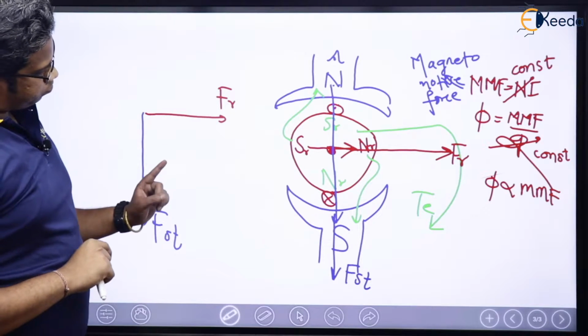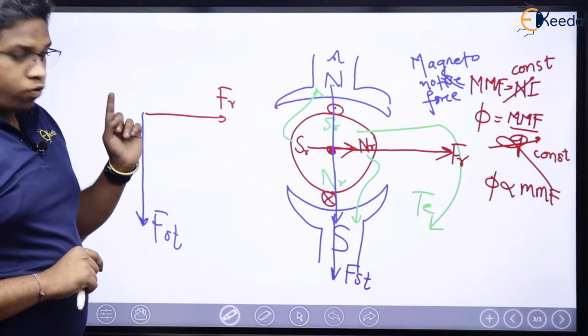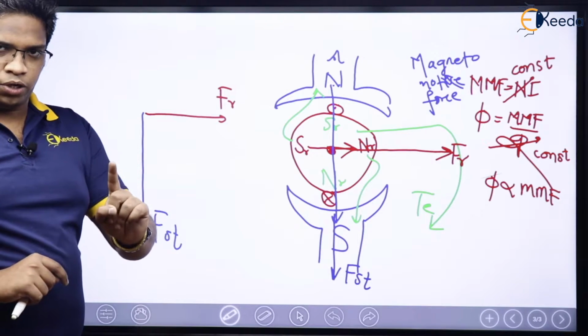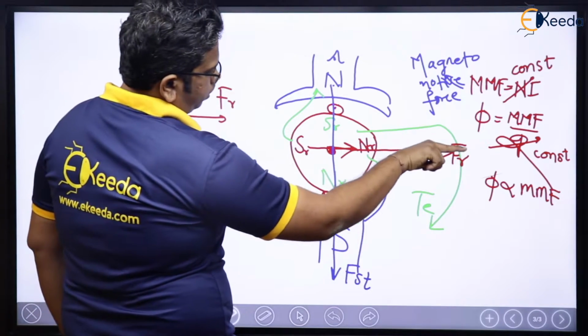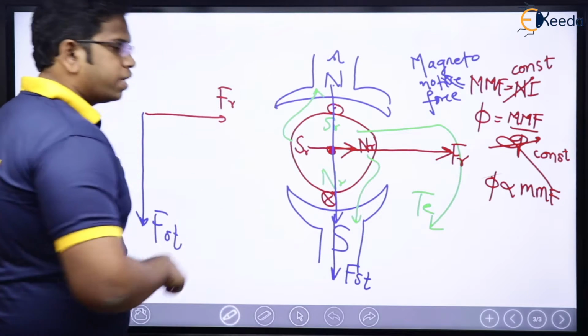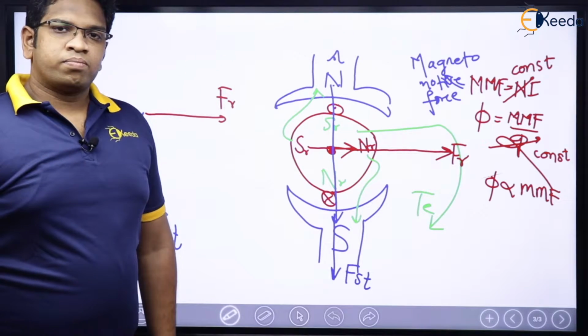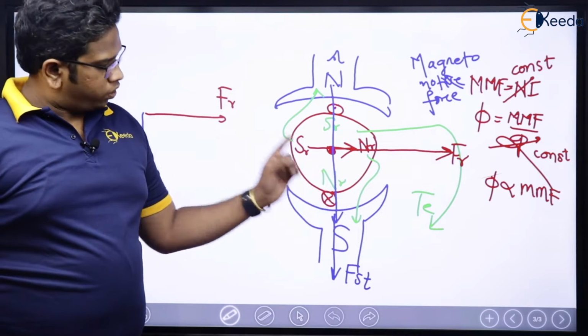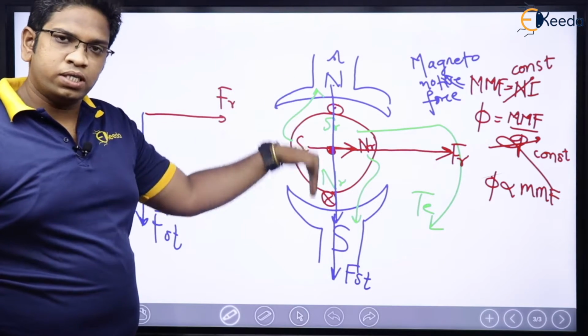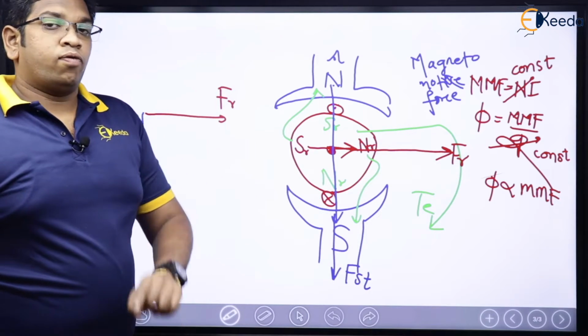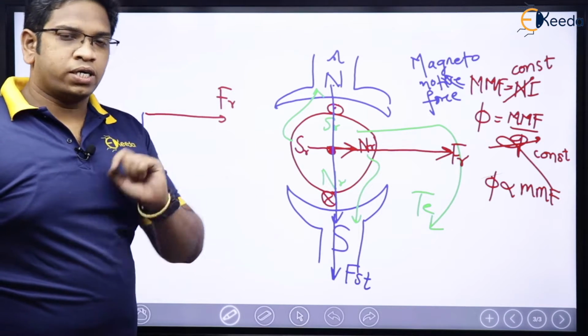Now, we know that torque was produced, initially torque was produced when this rotor MMF was in this direction and stator MMF was in this direction. Right? Torque was produced when rotor MMF was in that direction, stator MMF was in this direction. Now, when torque was not produced, let us see.